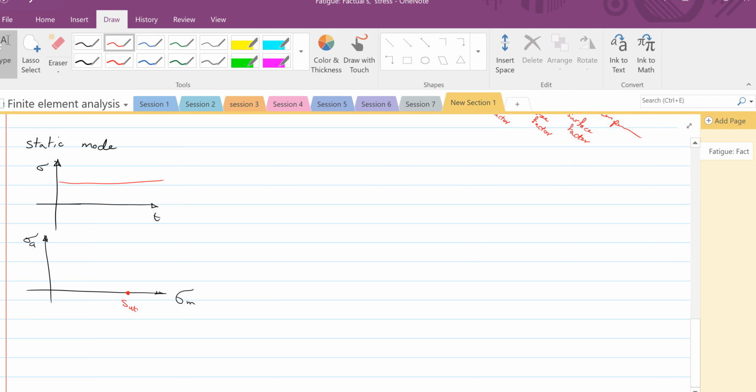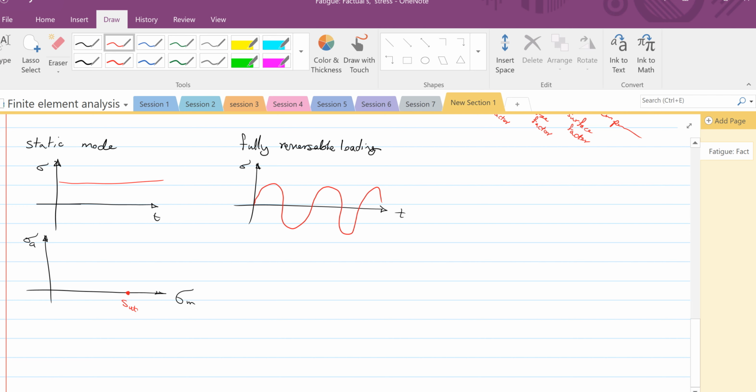Let's consider fully reversible loading. This is my fully reversible loading graph. This is sigma. It is fully reversible, positive, negative, positive, negative.